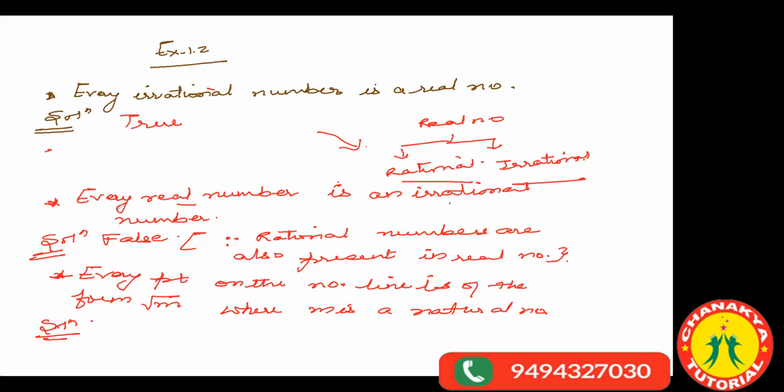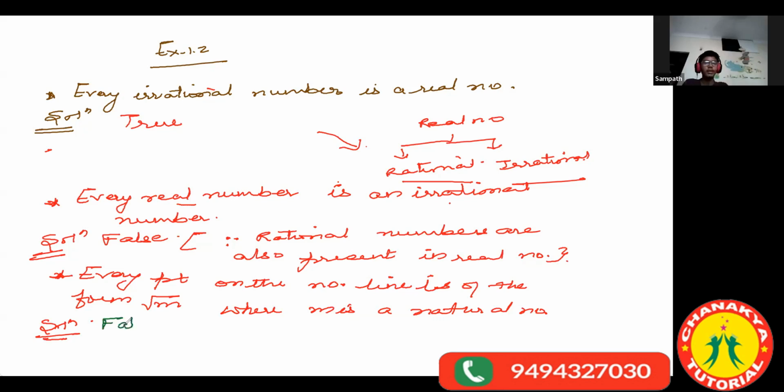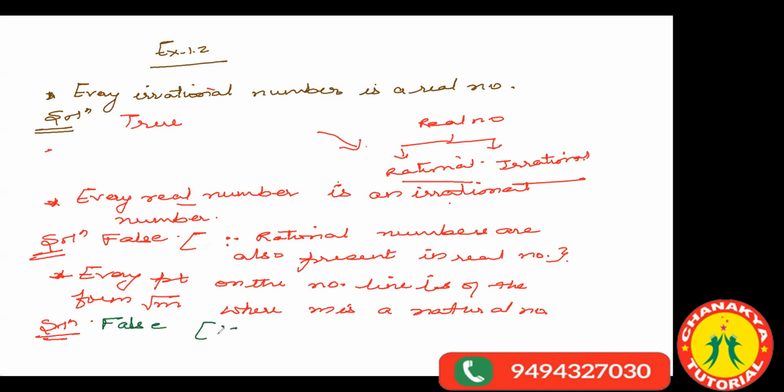This is true or false? True, ma'am. How? On number line, because negative numbers are also there, beta. Okay, ma'am. So this is false. Yes, because no negative number can be square root of any natural number. Clear, beta? Yes, ma'am.